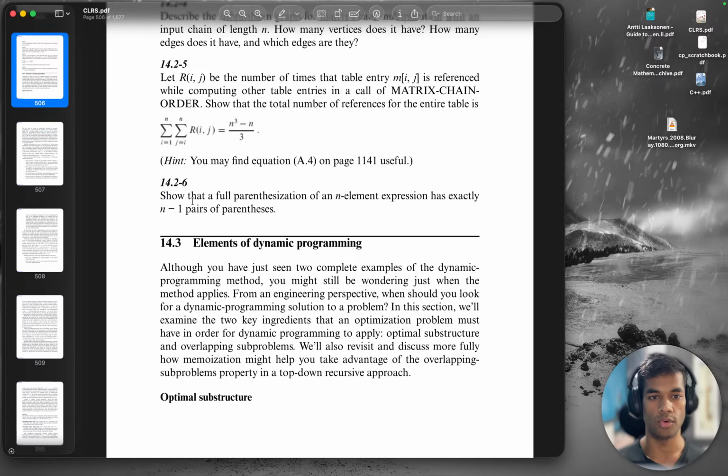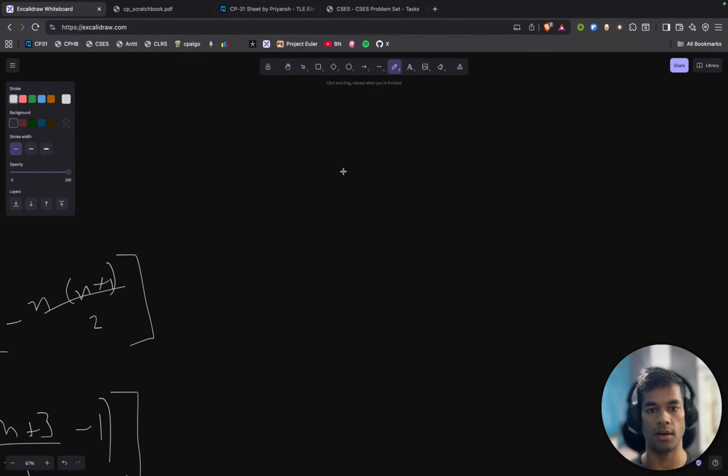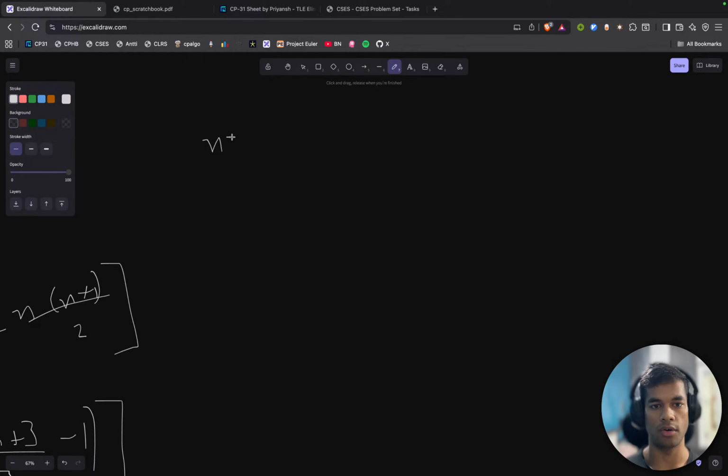Show that a full parenthesization of an n element expression has exactly n minus 1 pairs of parentheses. Let's begin the Donald Knuth way. When n equals 1, we have no parentheses.